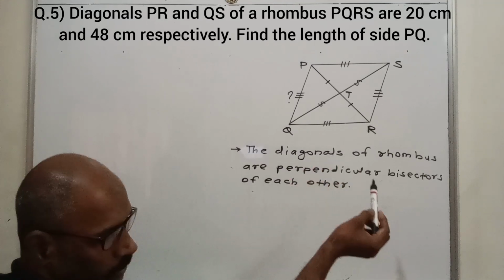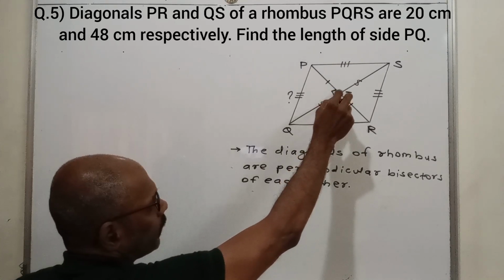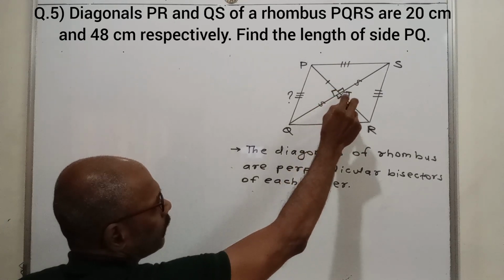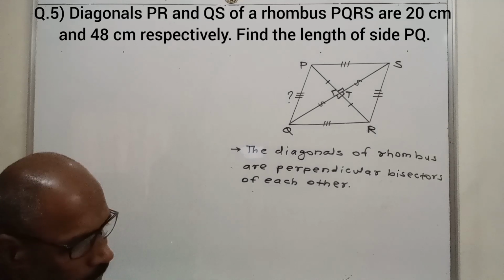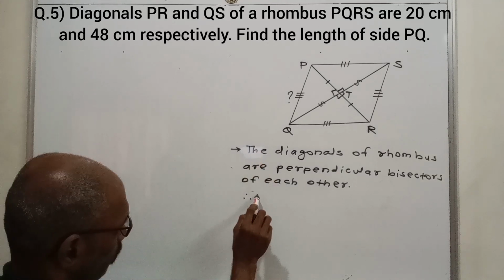Perpendicular as well as bisectors means what? Right angle, everywhere right angle. Did you get it? Therefore I will write only one.